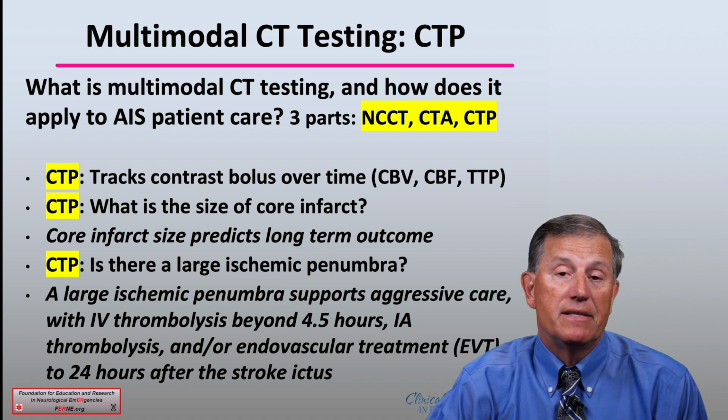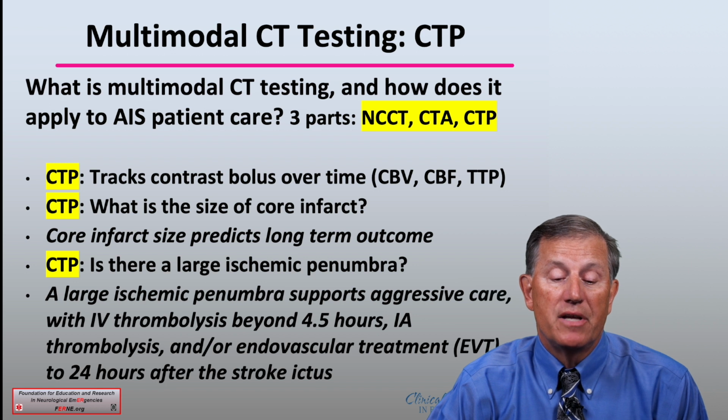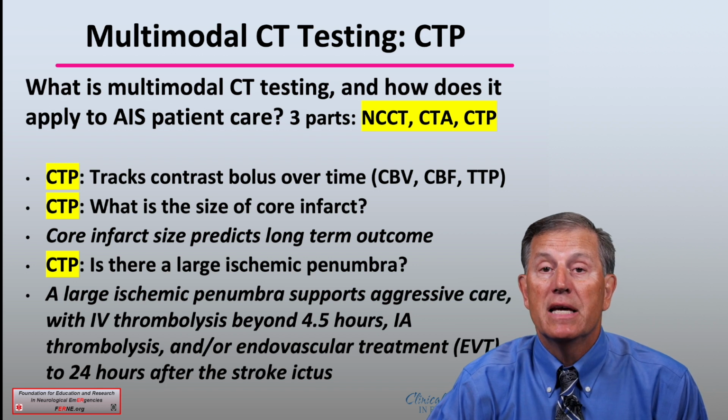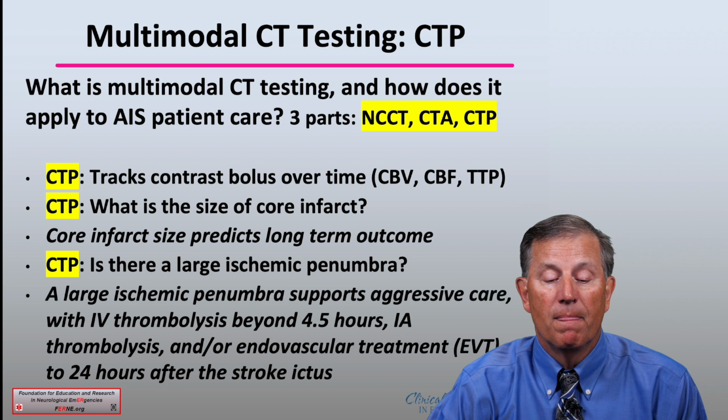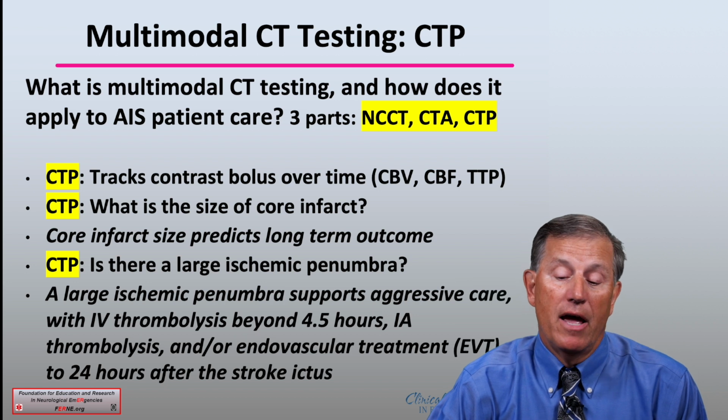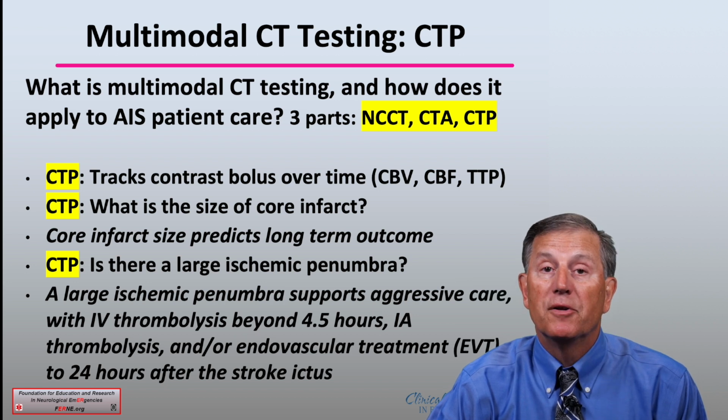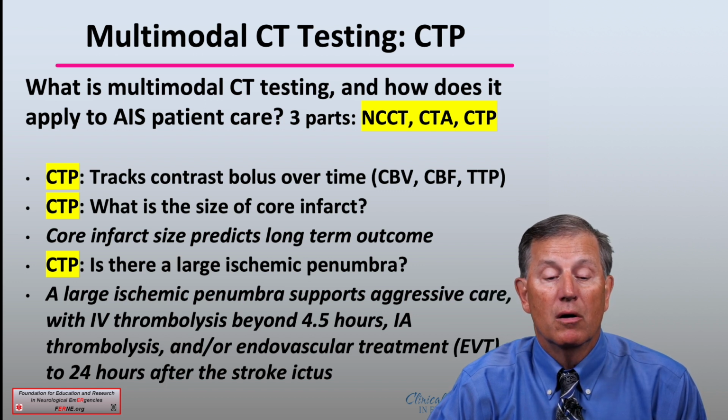The CTP test also allows us to understand whether there is a large ischemic penumbra. A large ischemic penumbra supports aggressive care with IV thrombolysis beyond 4.5 hours, intra-arterial thrombolysis, and/or possible other endovascular treatments up to 24 hours after stroke ictus, especially with posterior stroke problems.